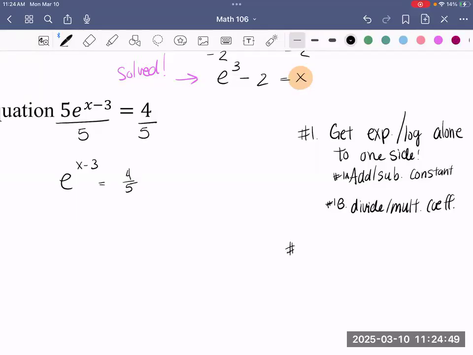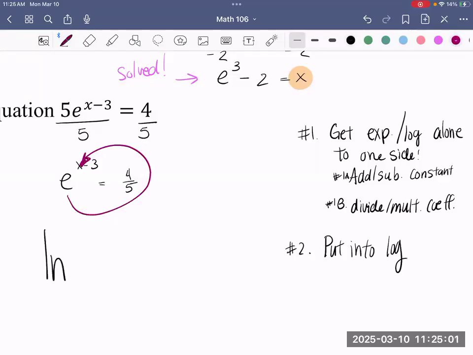Now step 2 is we can put it into a logarithm. So we can swoop. We have to write ln first, ln of 4/5 is equal to x minus 3.